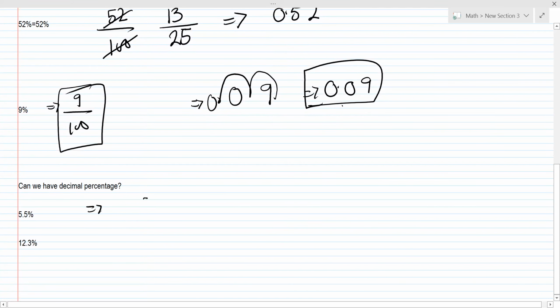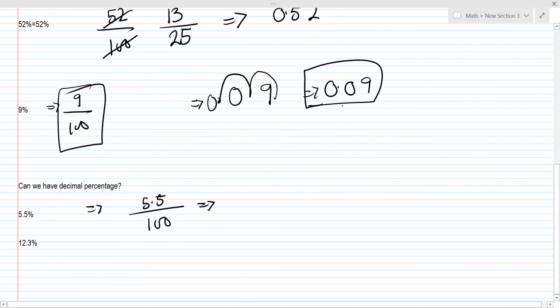That will be 5.5 over 100. Now sometimes it's a bit weird writing this, because you have a decimal at the top and 100 at the bottom.